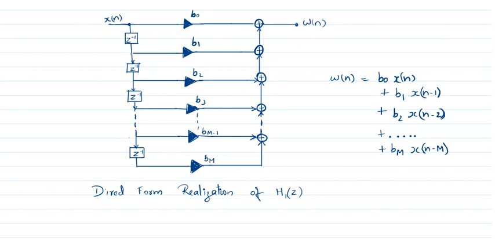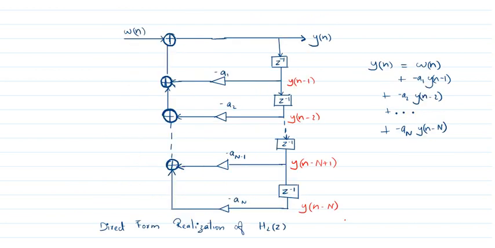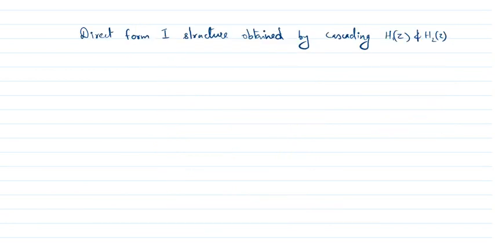This one is figure 1, and this one is figure 2. So what we are going to do is cascade or combine these two figures. The direct form 1 realization of the IIR system is obtained by connecting figure 1 and 2.